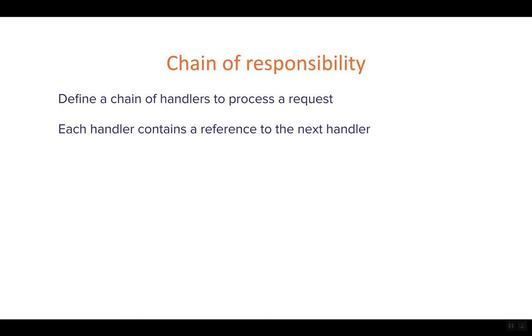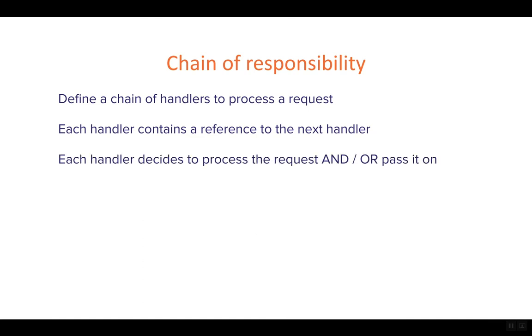Now, if we are talking about a chain, each handler needs to have a reference to the next handler, so that when a request has been processed in a certain way, or even if the request cannot be processed, the handler can send the request on down the chain to the next handler to perform its operations.